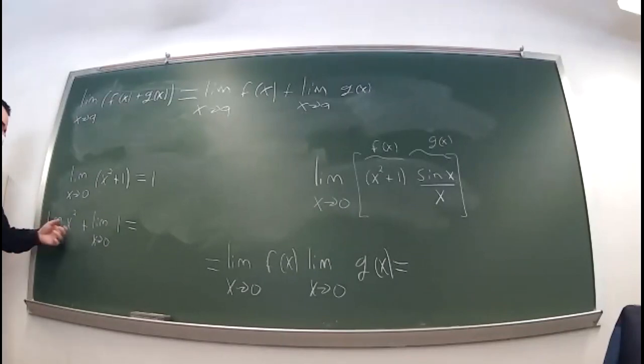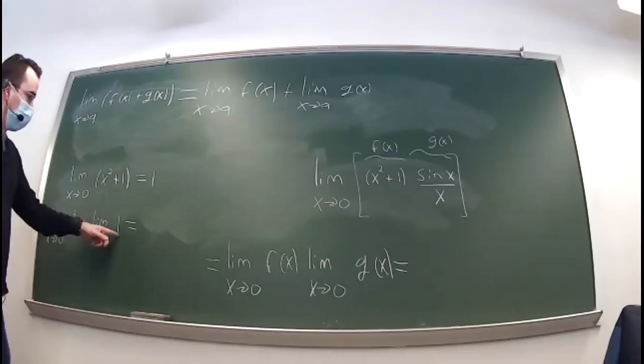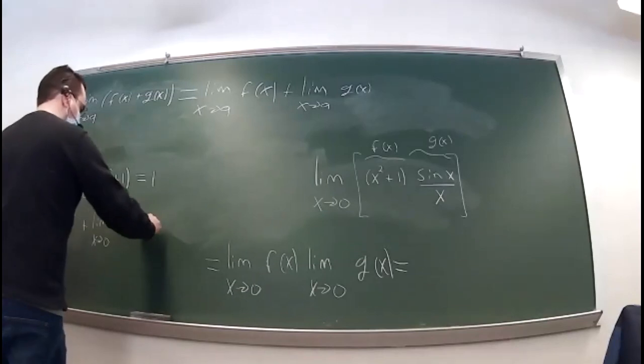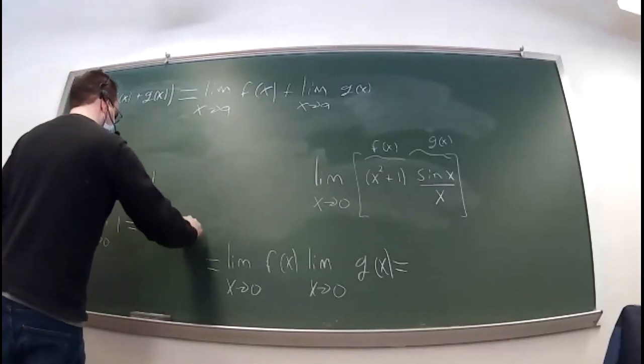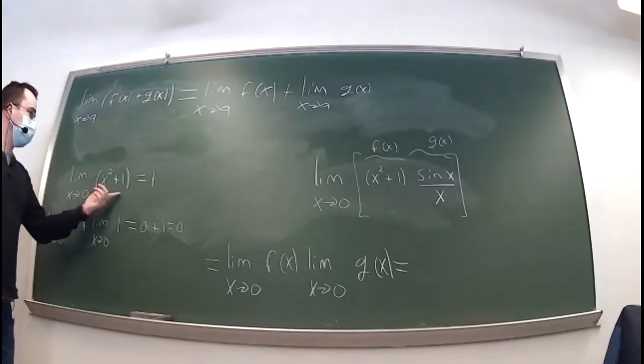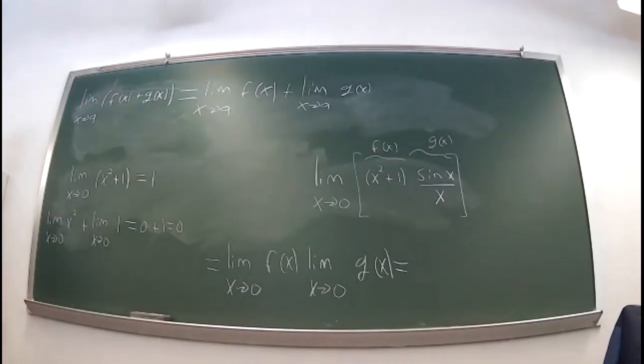At this point, we're pretty happy just saying, well, the limit as x goes to 0 of x squared is equal to 0. That's not a big problem. And the number 1 is constant. It doesn't depend on x. X can do whatever it wants, 1 stays constant. So this is equal to 0 plus 1 equals 1. So that's the sum law working for you, telling you something that you already knew, that the limit as x goes to 0 of x squared plus 1 is equal to 1.